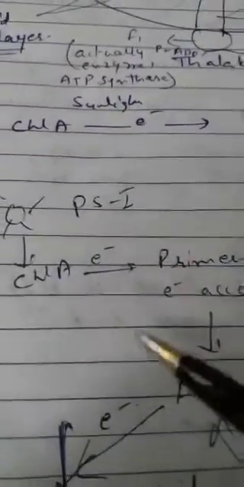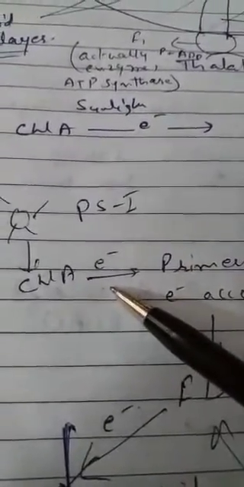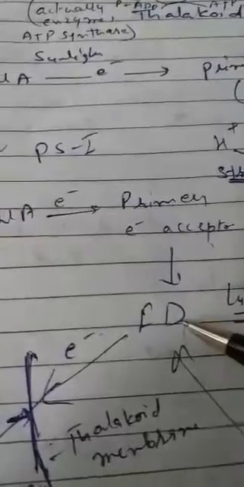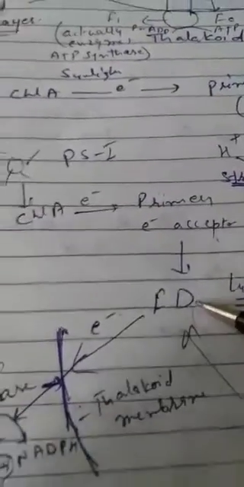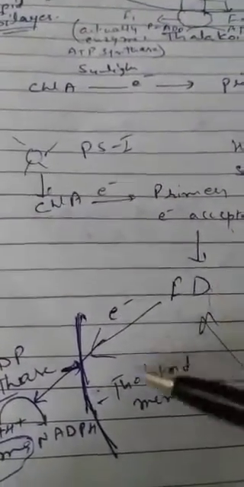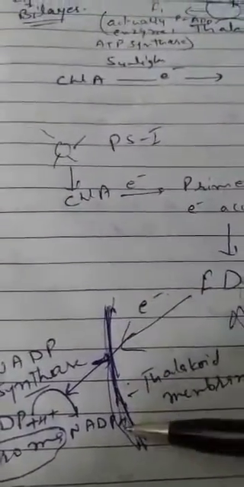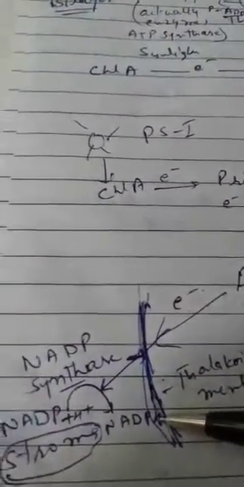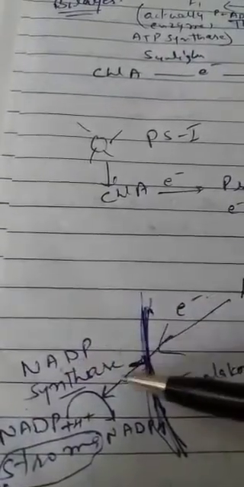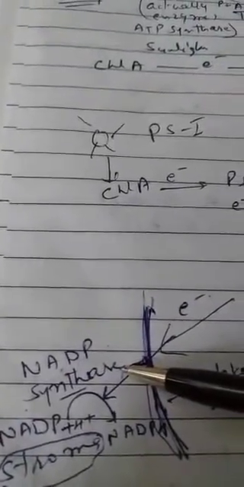Now on the other side, electrons are given to photosystem 1. Then chlorophyll A accepts that electron. This electron goes the same way, as a primary acceptor, then it goes to the FD system. This is the wall of the thylakoid. At this wall you have the NADP reductase enzyme.